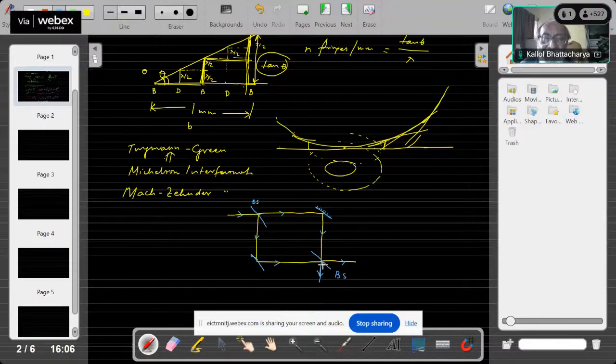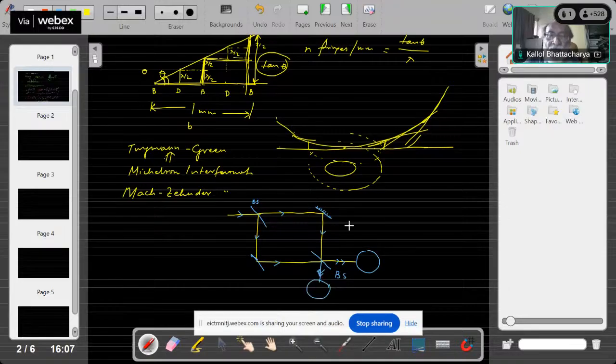And here also part of the beam is transmitted, part of the beam is reflected. In the case of a Mach-Zehnder interferometer, it is interesting that we get interference on both sides. Here you have an interference pattern. Here you will also have an interference pattern.